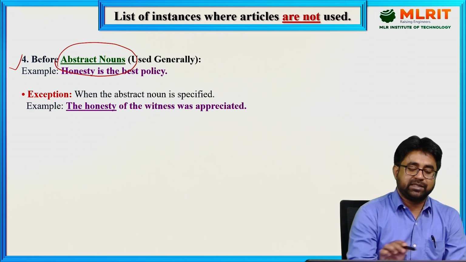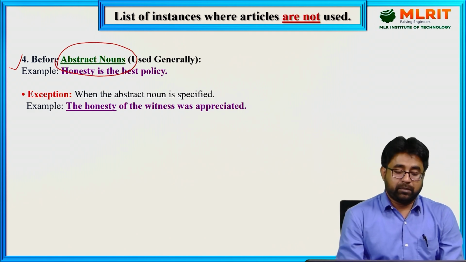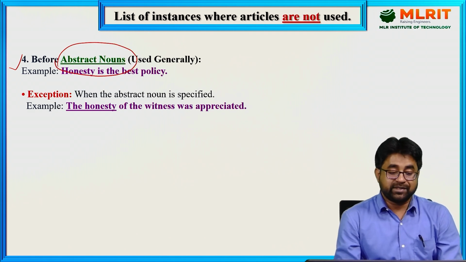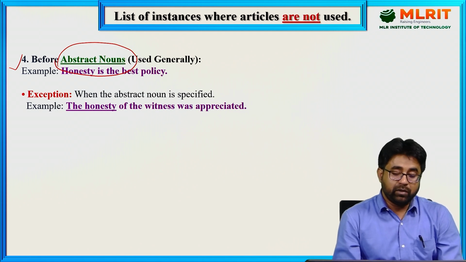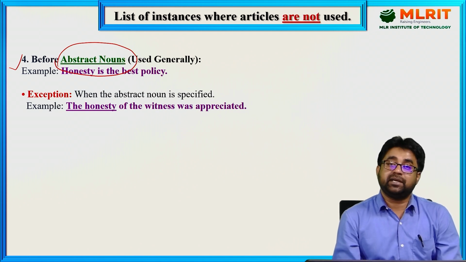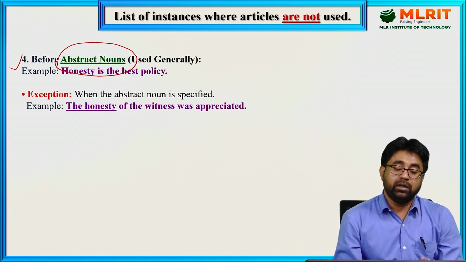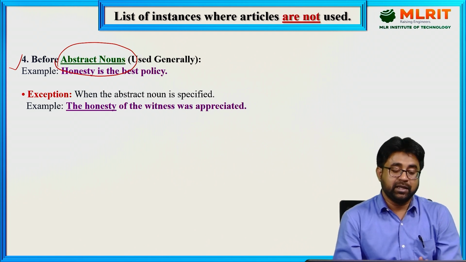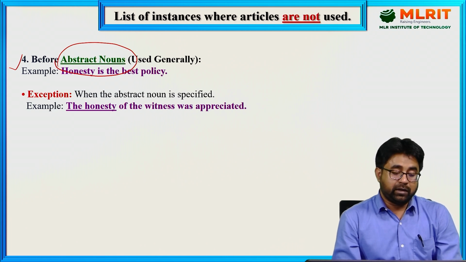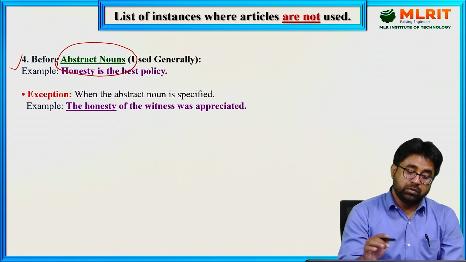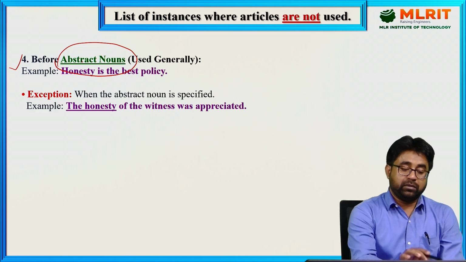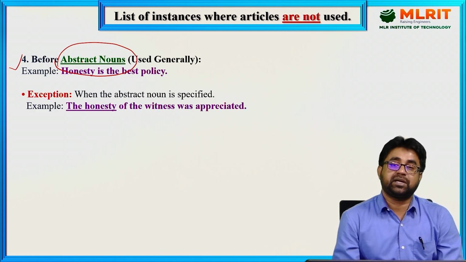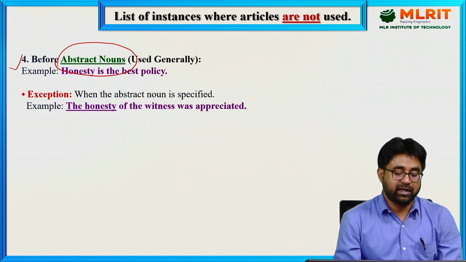All these four rules or instances are related to nouns, so we do not use articles before certain kinds of nouns. You should have a clear idea about different types of nouns. Otherwise, we might find it difficult to understand the rules or instances where articles are not supposed to be used. Now, the fourth instance: before an abstract noun also, we are not supposed to use any article, right?